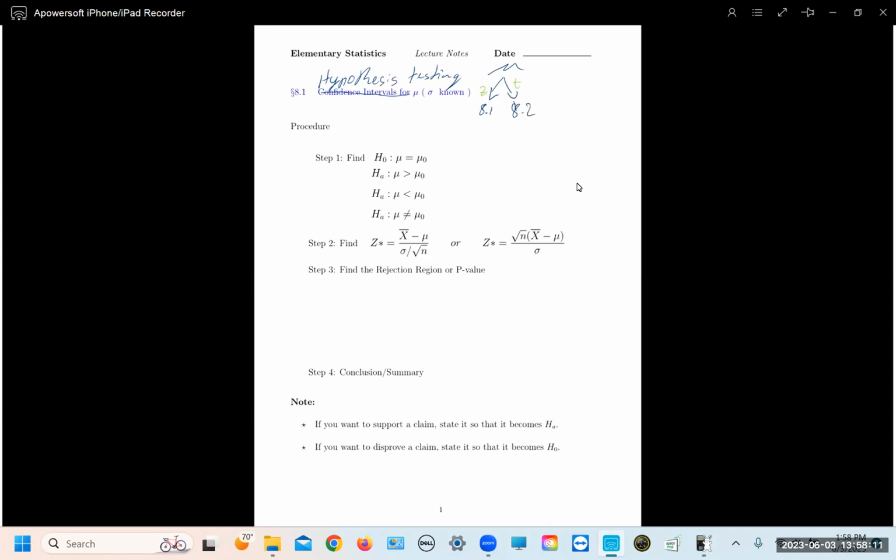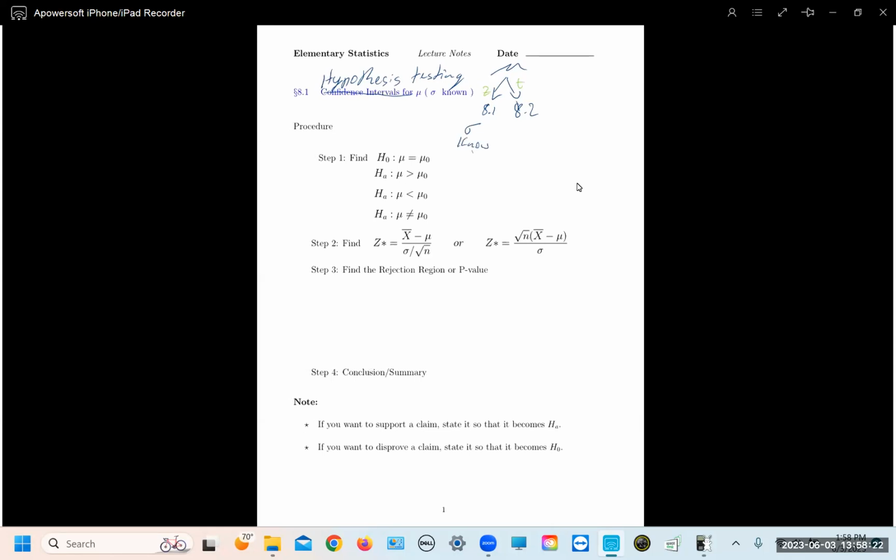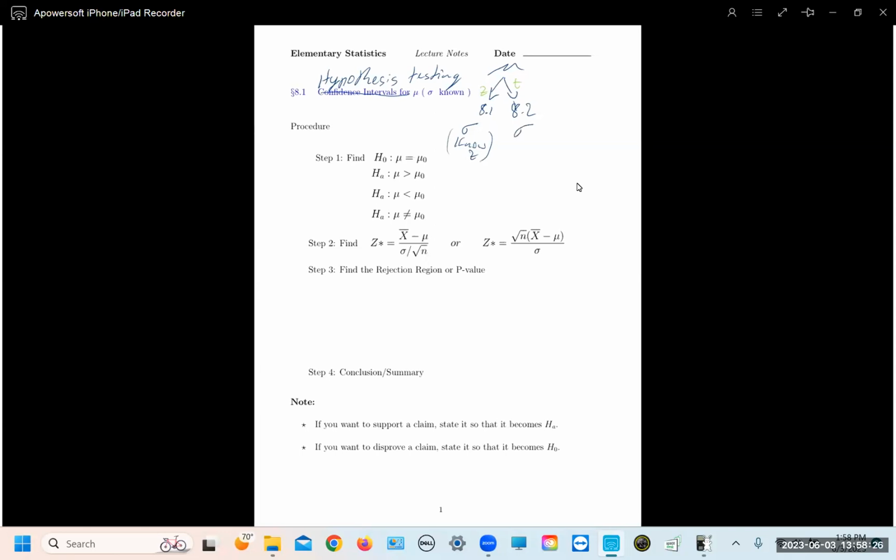In 8.1, the sigma is known, for Z. In 8.2, the sigma is not known, for T.